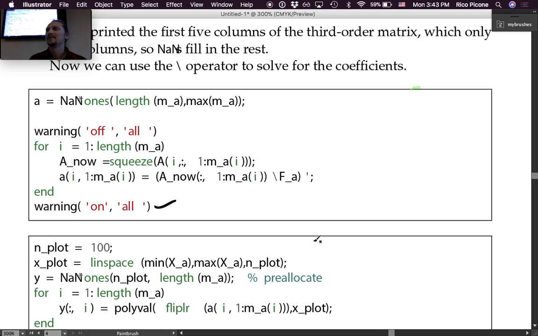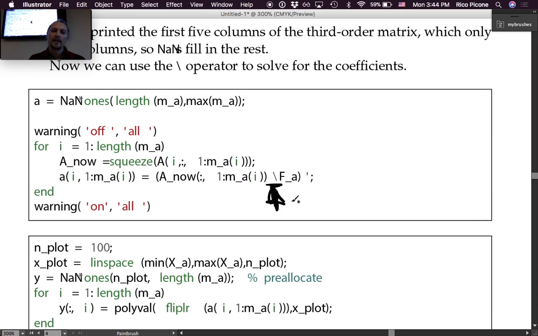No problem. Okay, so this A now is essentially taking this multi-dimensional array and squeezing out the higher dimensions of the singleton dimension, so that it comes down to a matrix. Then I can just do this slash operator. This is the slash operator happening right there. Bam.